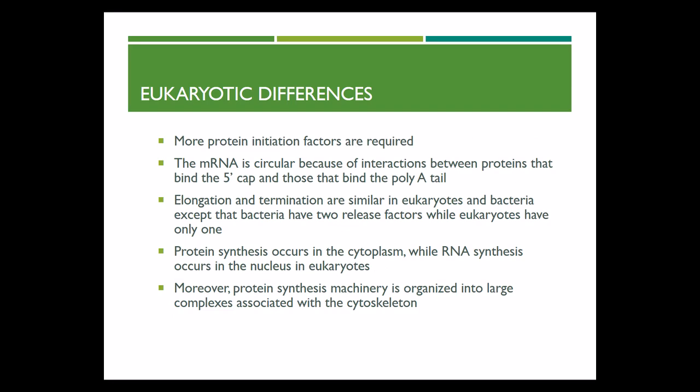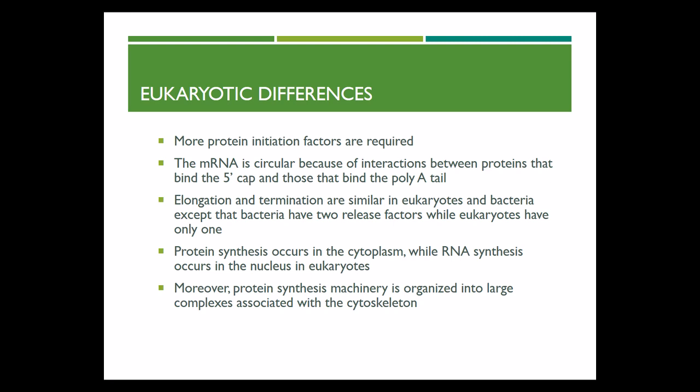Also, more protein initiation factors are required. The messenger RNA is circular because of interactions between proteins that bind the 5' cap and those that bind the poly A tail.